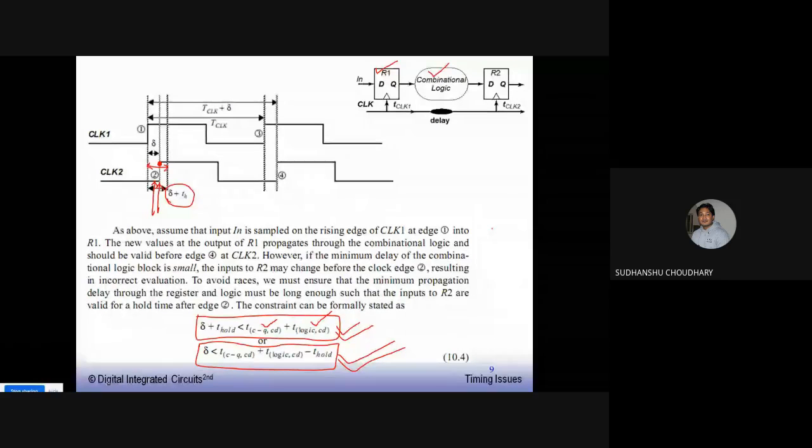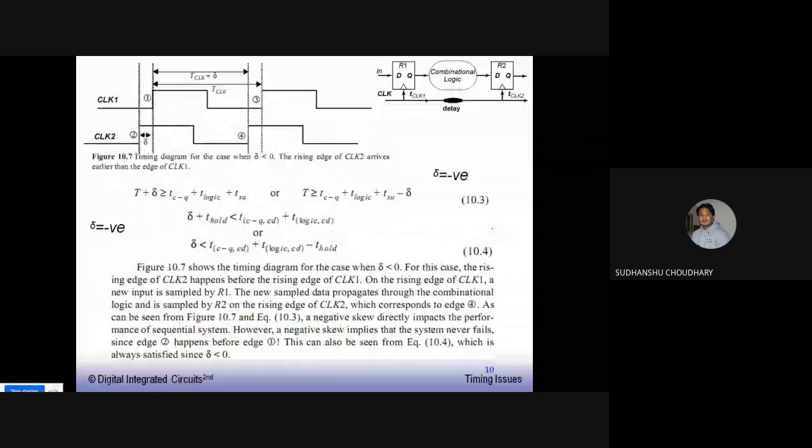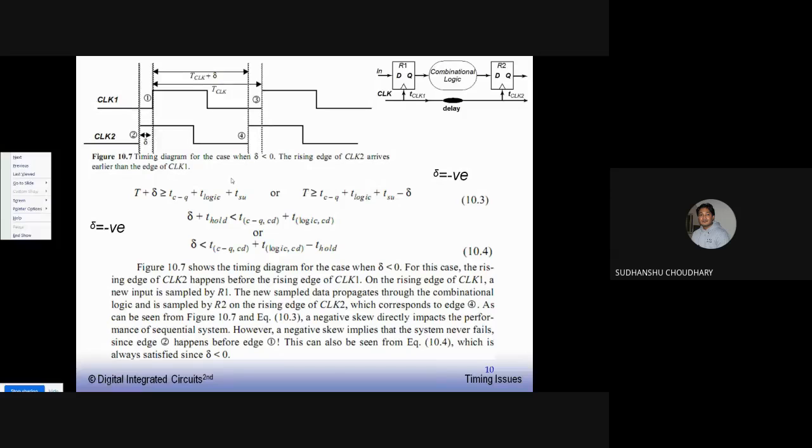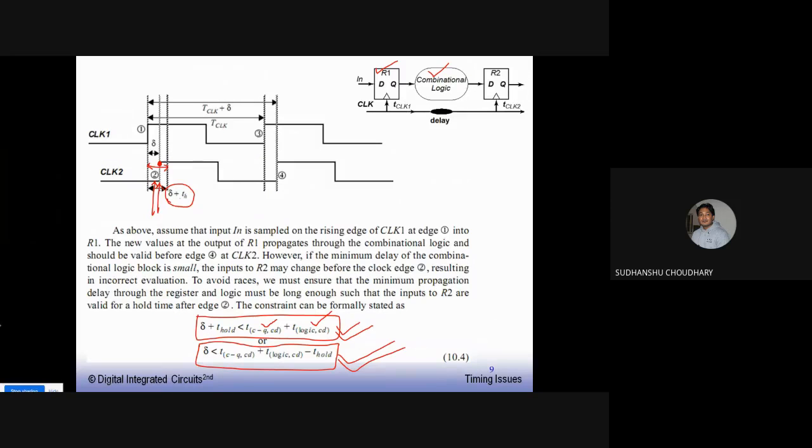Now let us come to the negative skew case, where delta is negative. If I put delta negative in this equation, then this condition is already true for a negative skew system.